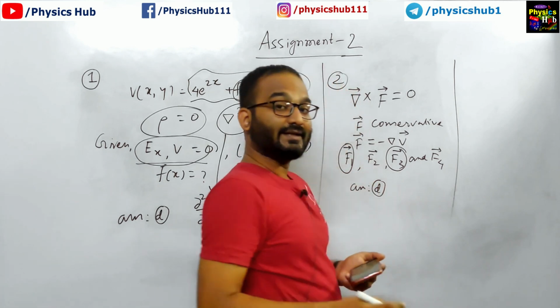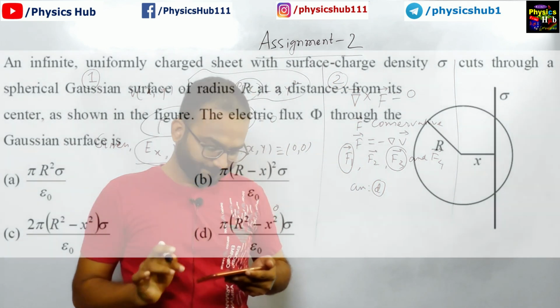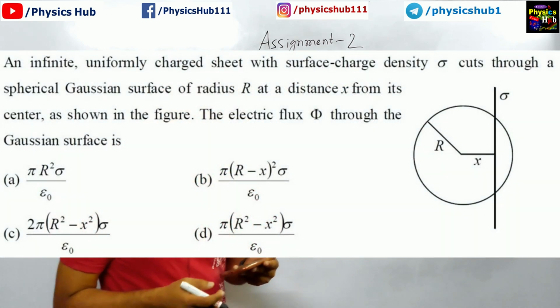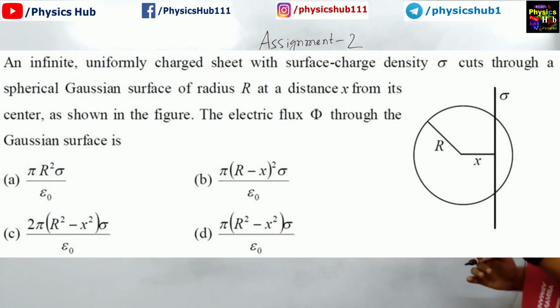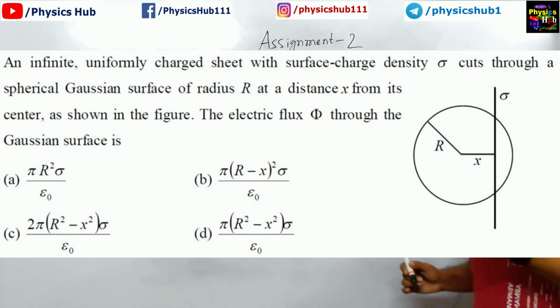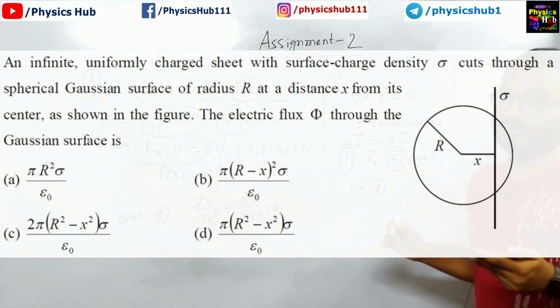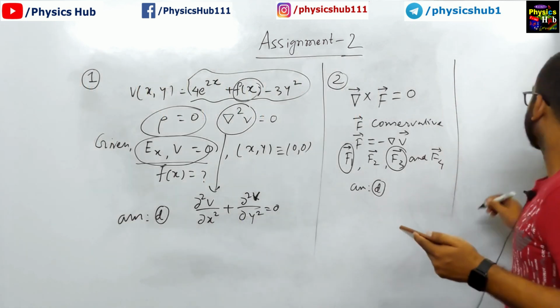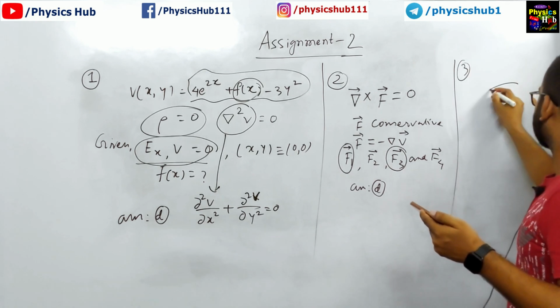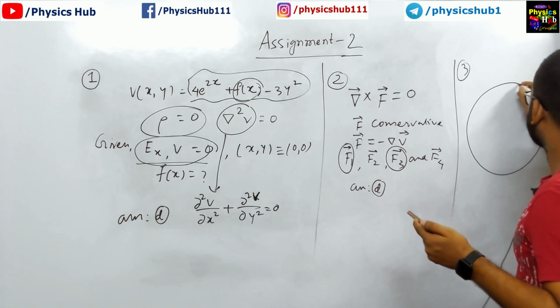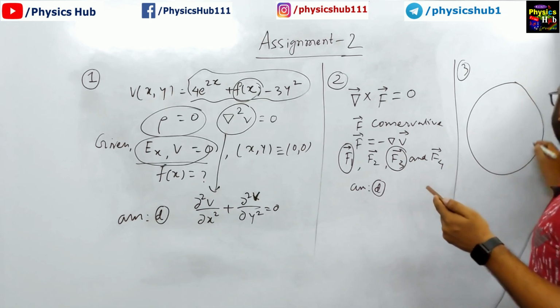Let's move to the next problem, problem number 3. It's a very interesting problem. An infinite uniformly charged sheet with surface charge density sigma cuts through a spherical Gaussian surface of radius r. Here I am drawing it. It's a spherical Gaussian surface, so it looks like an egg, but it is okay.